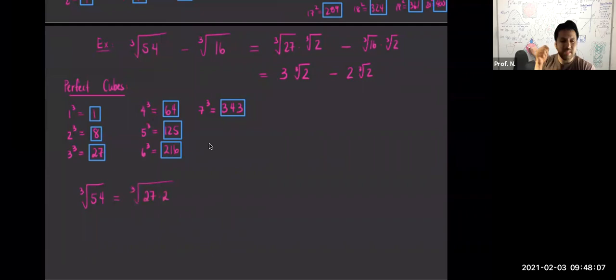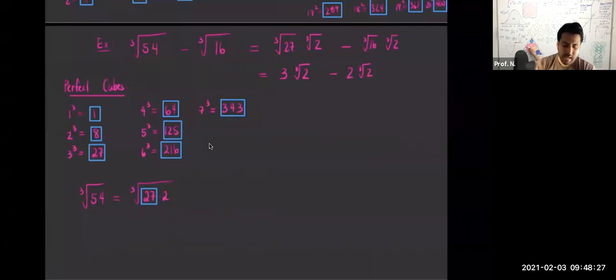But why do I care about these two numbers? Because for one of them, 27, that is a perfect cube. Because it's a perfect cube, I can take the cube root of the perfect cube. So the cube root of 27 is 3.